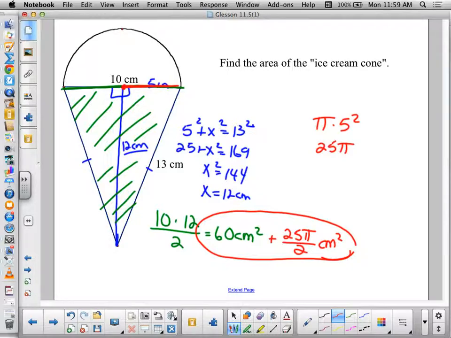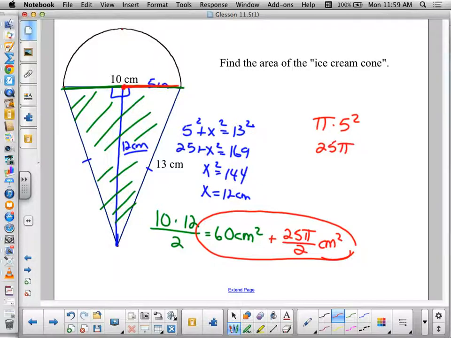So that would be my total area. 60 centimeters squared plus 25 pi over 2 centimeters squared. Now, it may be in my best interest at that point to approximate that, so I can combine them. I can't combine them until I approximate them. Well, I could, but that's complicated. So 60 plus 25 pi. Wait a minute.